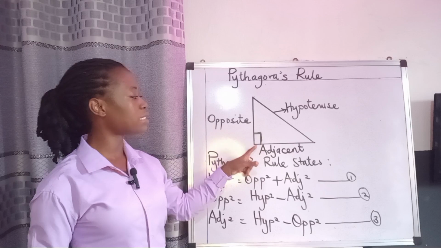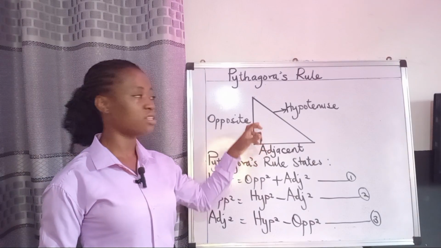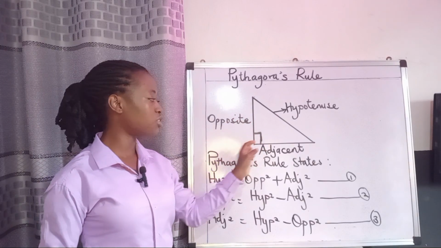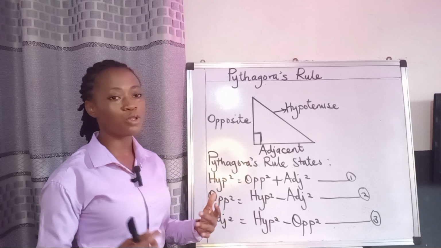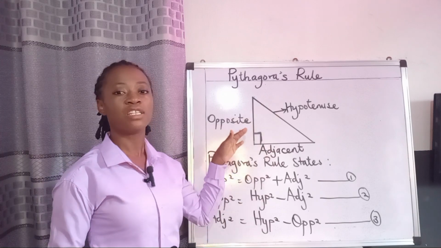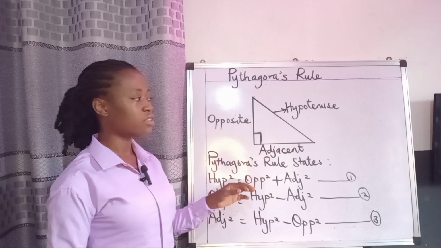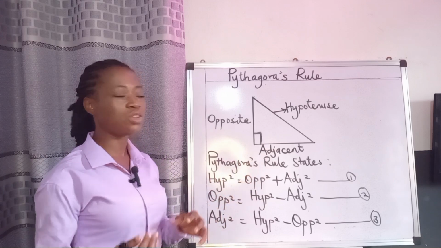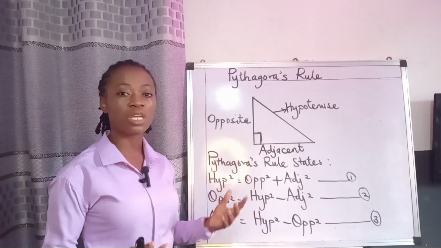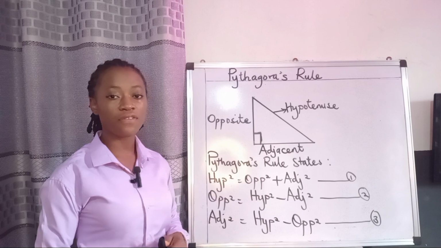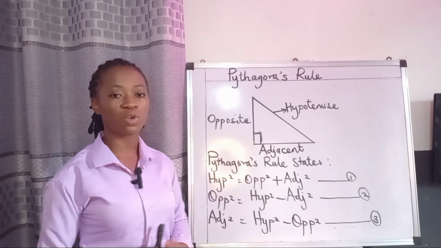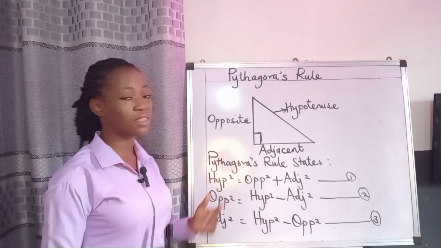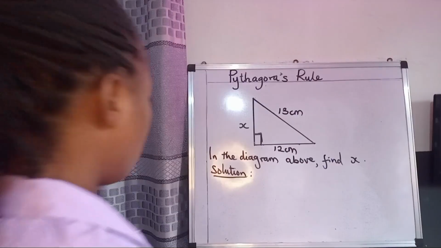And the side where the right angle is situated is known as the opposite, and the other side is known as the adjacent, okay? So once you are able to identify all three sides, you'll be able to know whether you are looking for the opposite, the adjacent, or the hypotenuse. So without wasting much time, let's go into some questions involving Pythagoras rule.